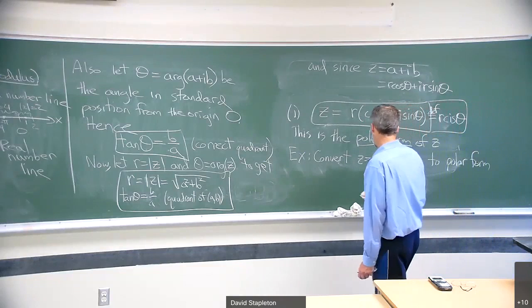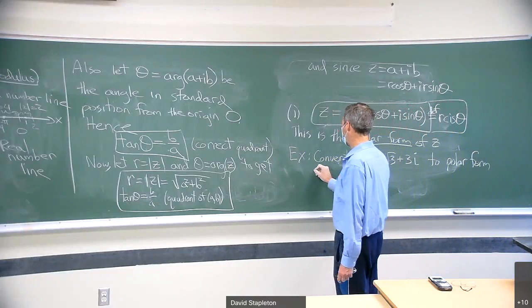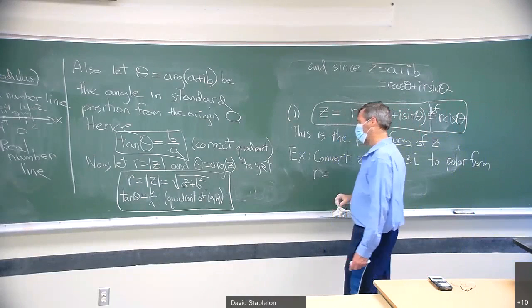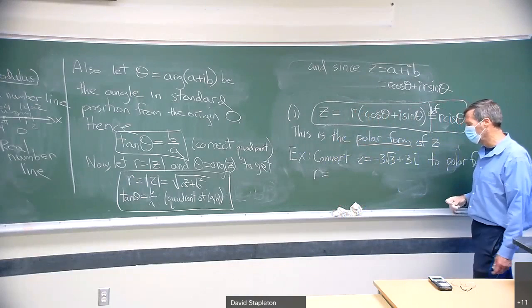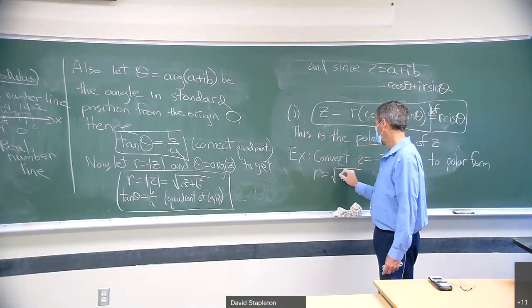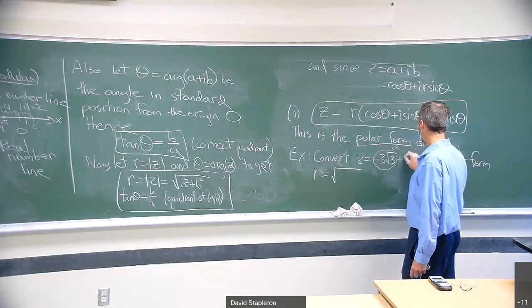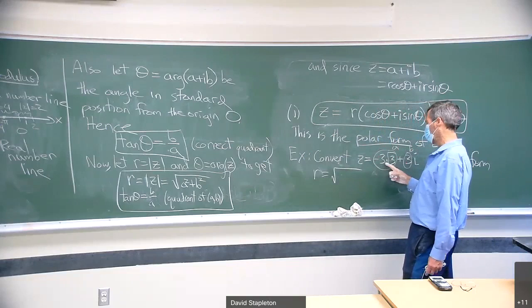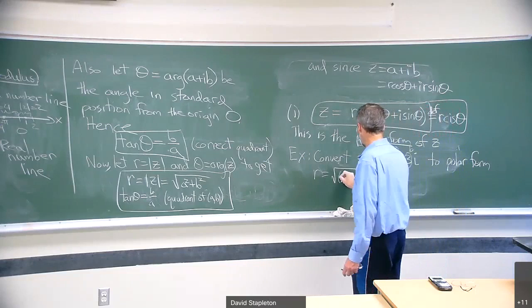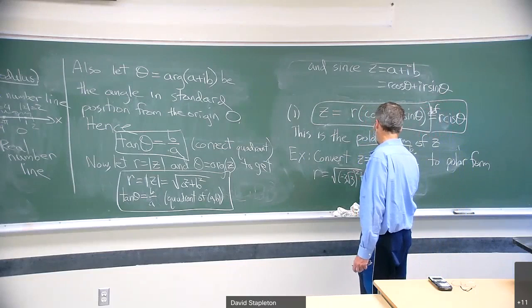So what do we do? We simply say, well, we need to find the number r, which is the absolute value of z, is the square root of a squared plus b squared, the numbers that don't multiply i and do multiply i respectively. So I take minus 3 square root 3 squared plus 3 squared.